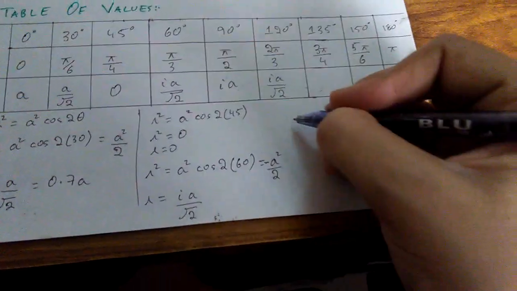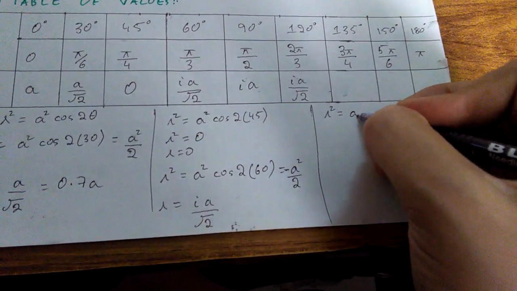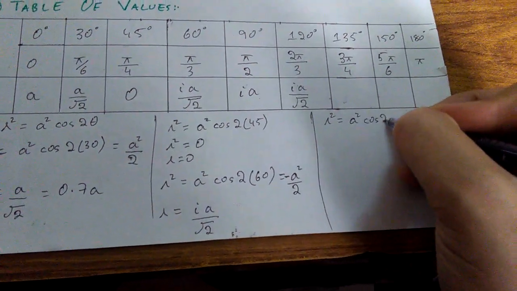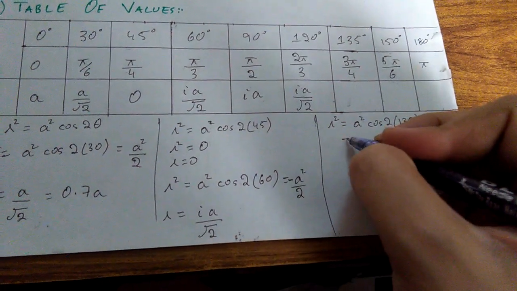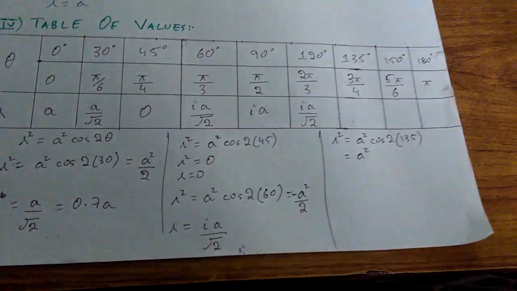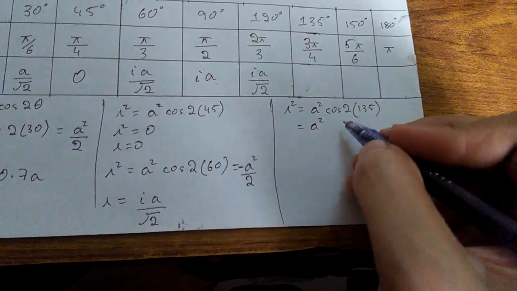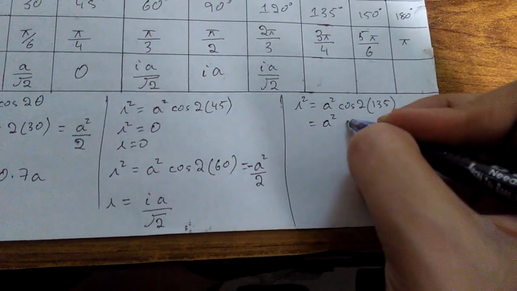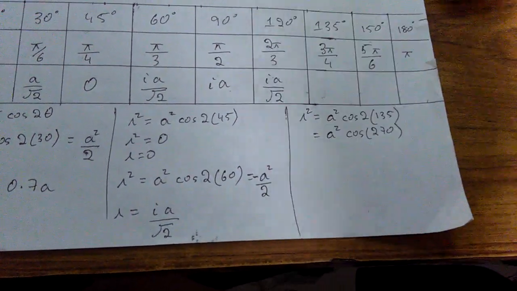Okay, similarly, you just put down your 135 at the position. So twice of your 135 gives you 270. Cosine of 270 is 0.